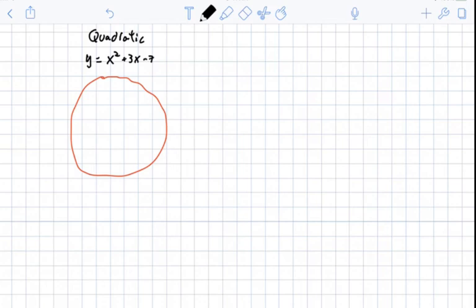These are parabolas. Okay? They have a max or min value of y.